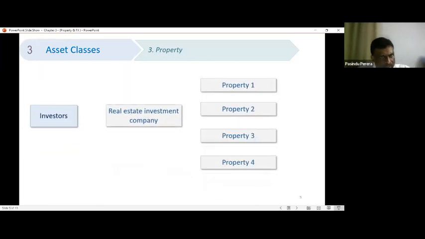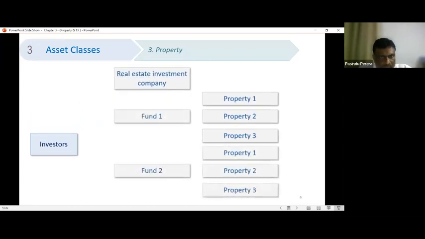If you look at the structure, it can be a real estate investment company, and then that investment company may hold properties. Investors come and pool money into this investment company, and then you go ahead with the investment. At the same time, the other structure would be that the same real estate investment company may have different funds.